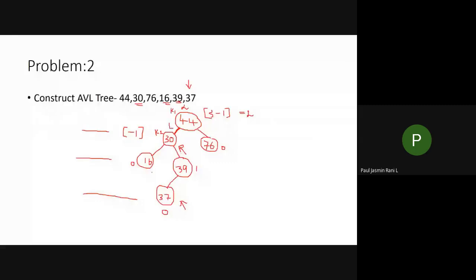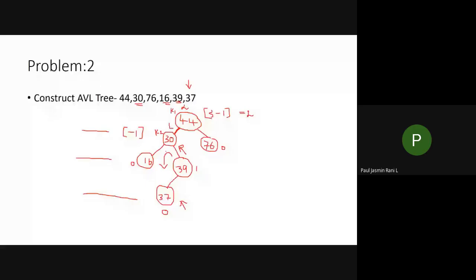Now what you have to do is go for your double rotation. So when you perform the rotation, you have to move your 39 upwards and bring your 30 downwards. Can you follow this one?